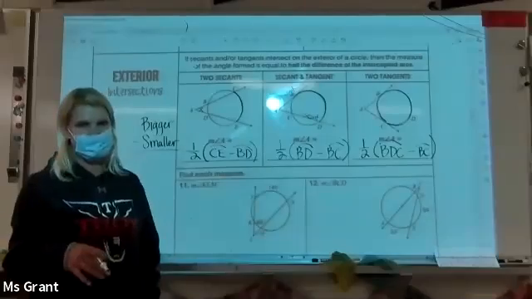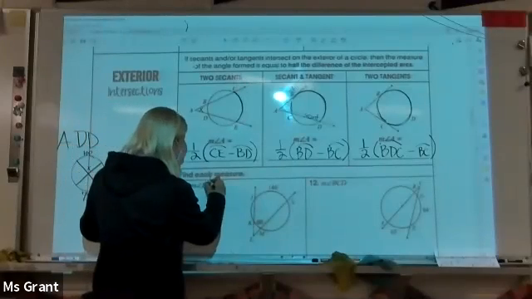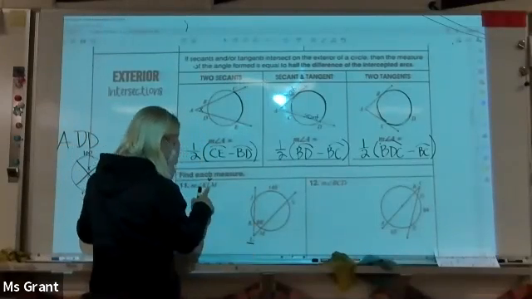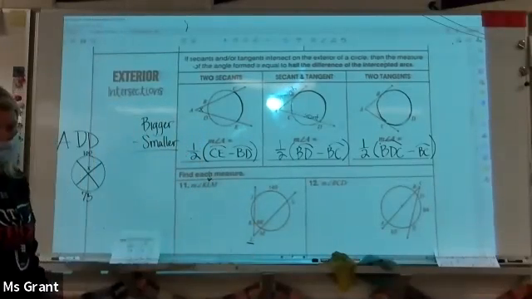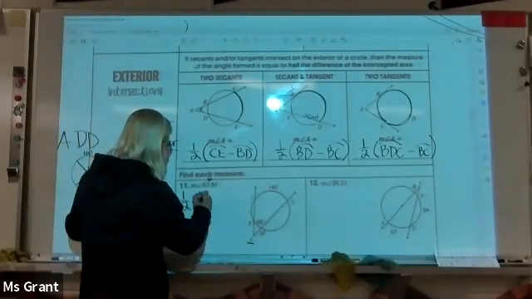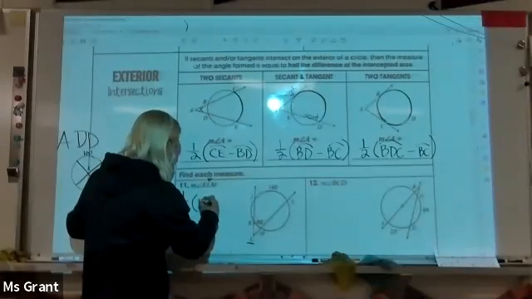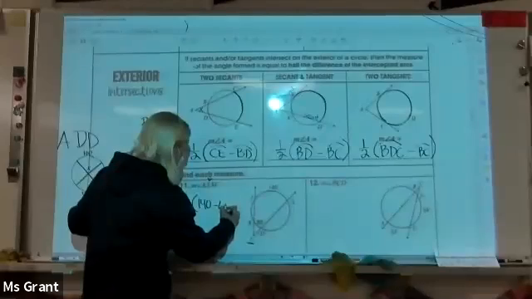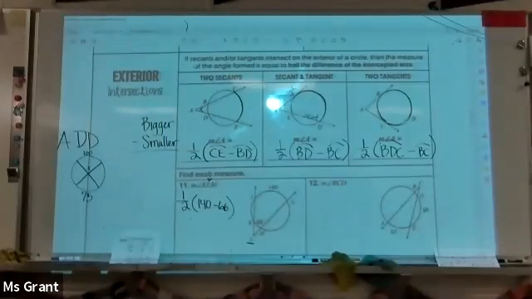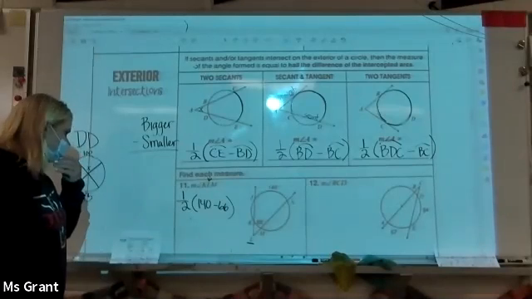That would be inefficient. So KLM is really angle L, right? Because L is in the middle. So that's the vertex. That's the angle. I'm going to do 1/2 of the larger arc, 140 degrees, minus 66. Easy, right?